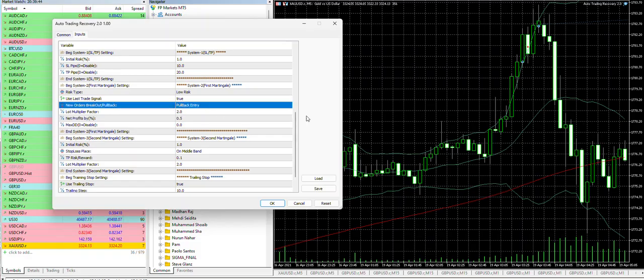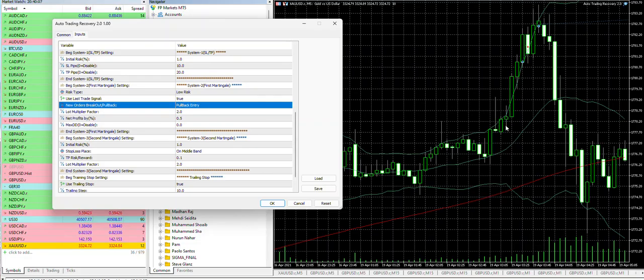Pullback entry means the next buy entry must be below the previous one. So we enter after pullback, not breakout. We enter another buy after pullback. If we have a buy trade, then we have another buy trade, it will not enter because that is not a pullback, not a correction.